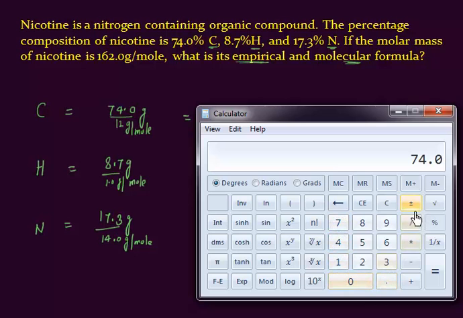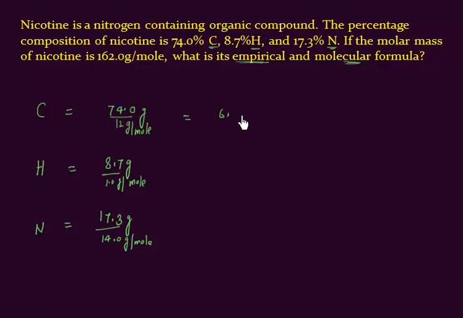74.0 divided by 12, and the value we get 6.166. So we can round out this figure and we get the approximate value. Here we have 6.17 moles.